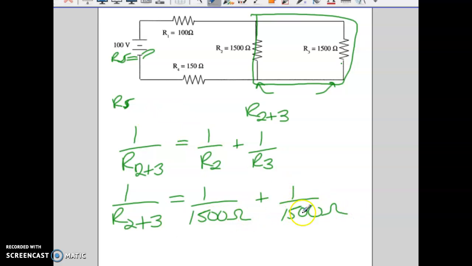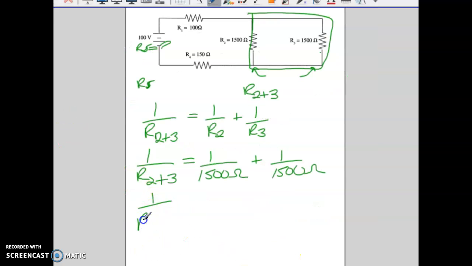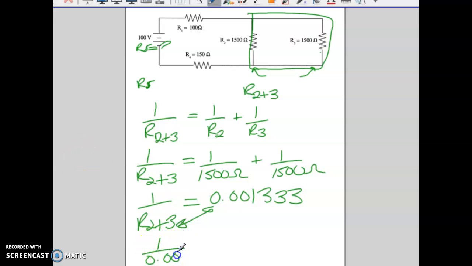Actually, this is already the lowest common multiple, but honestly, it's easier just following the way that we've been doing things. So we're going to do 1 divided by 1500 plus 1 divided by 1500, which will give us 0.001333, and that's continuous. Okay, we're going to flip these. So 1 over 0.001333 is equal to R2,3.